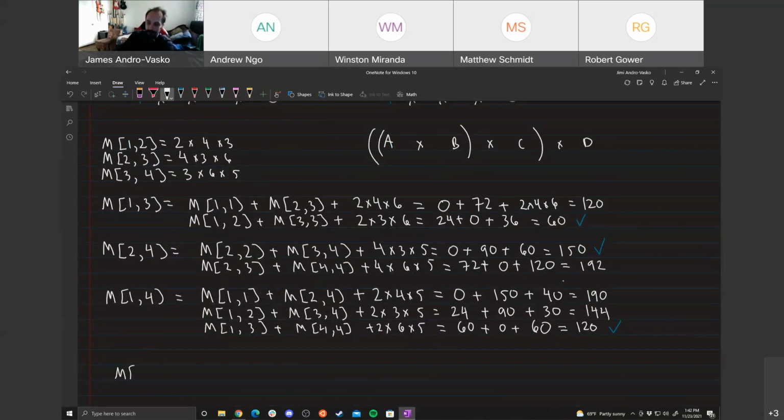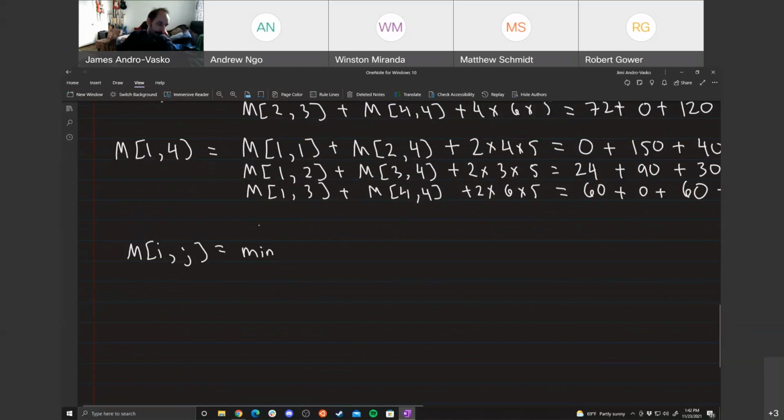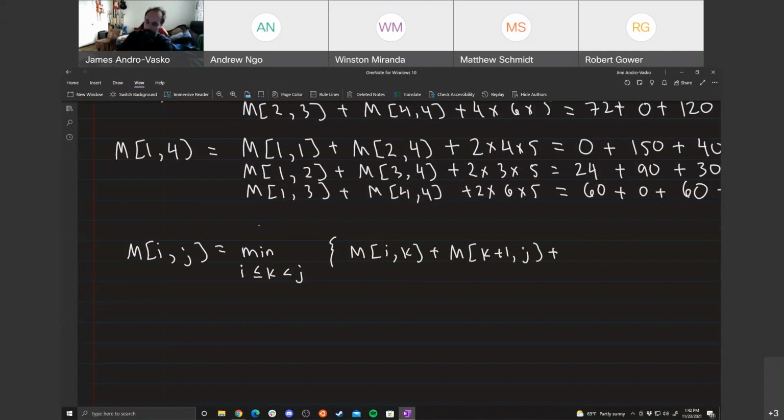So we have m i comma j is going to be the minimum of, for i less than or equal to k less than j, m i k plus m k plus 1 j plus d i minus 1 multiplied by d k multiplied by d j. Hold on, maybe I'll zoom in a little bit so I can write this a little nicer.